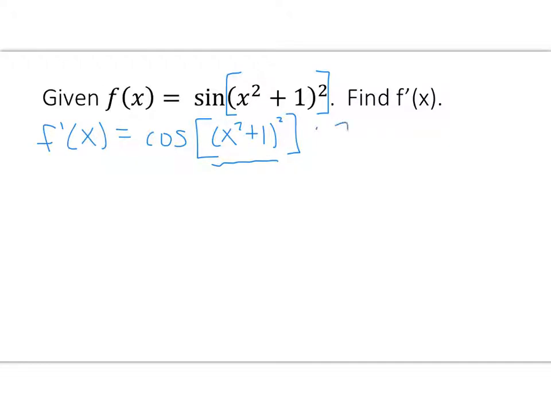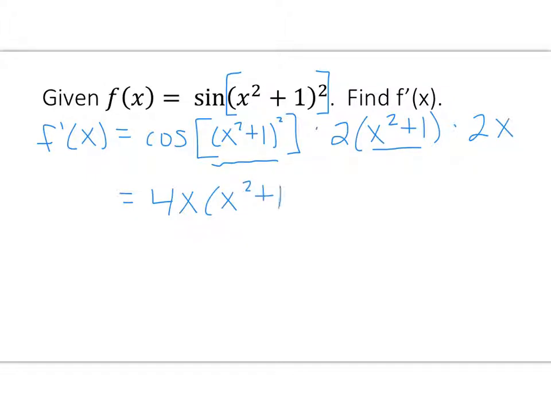So this is 2 times x squared plus 1, but now I need the derivative of this inside piece, which is times 2x. So the chain rule means I have to keep taking derivative of an inside of an inside of an inside. And cleaning this up, 2 times 2x, I have 4x times x squared plus 1 times the cosine of the angle x squared plus 1 squared.